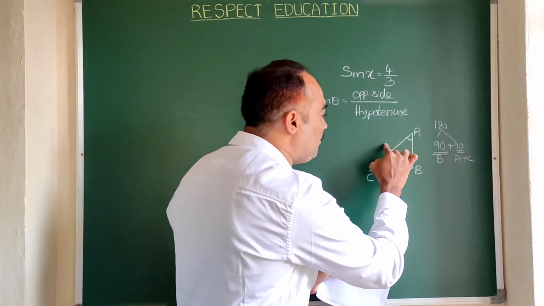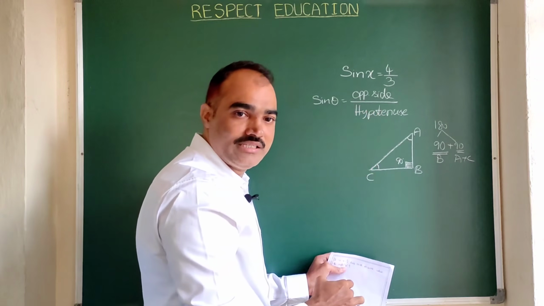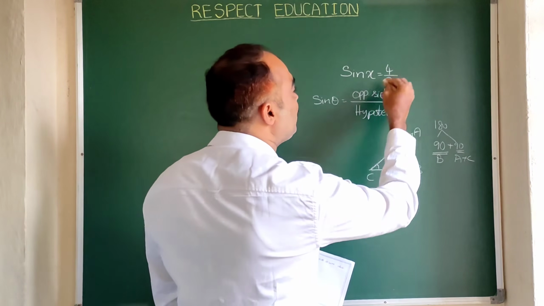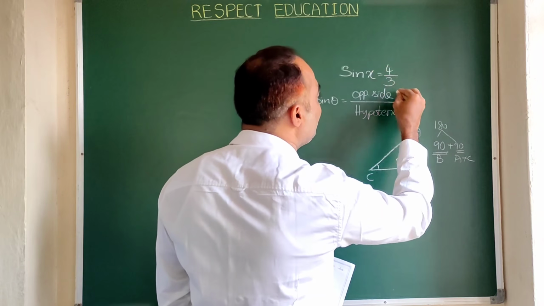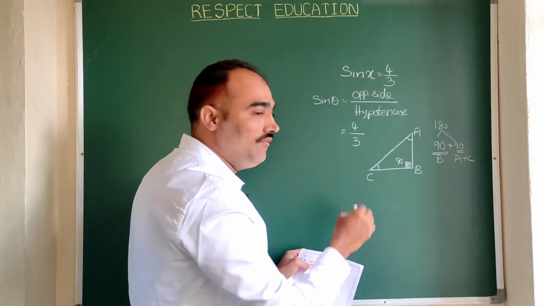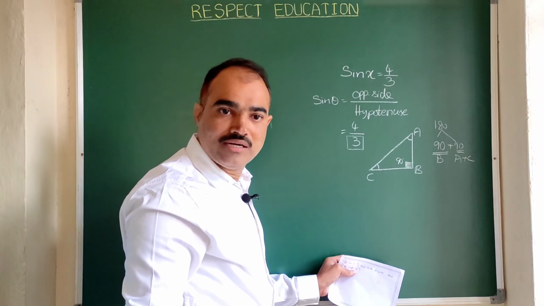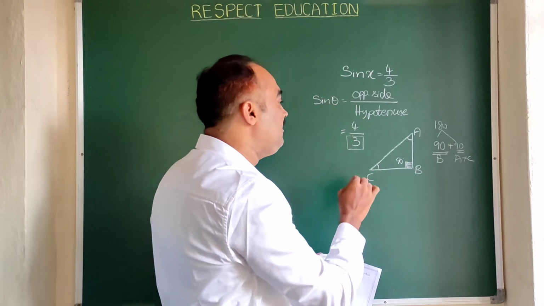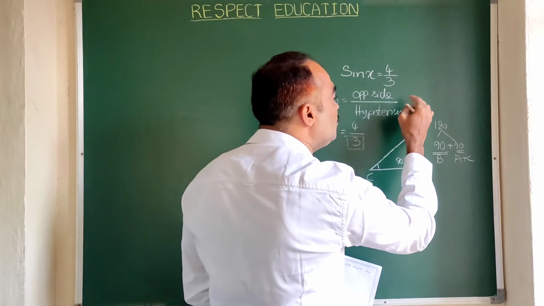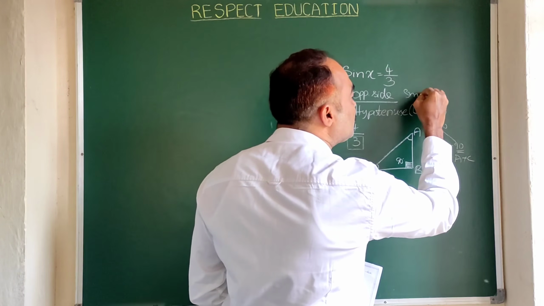When we compare the hypotenuse to the opposite side or any other sides, this is the longest one, which means it should be the larger value. Is it clear? Here you compare: the opposite side is given as 4, the hypotenuse is 3, whereas the hypotenuse should be the larger value. In sin theta, as the hypotenuse is in the denominator, it should be the larger, whereas the numerator should be the smaller.